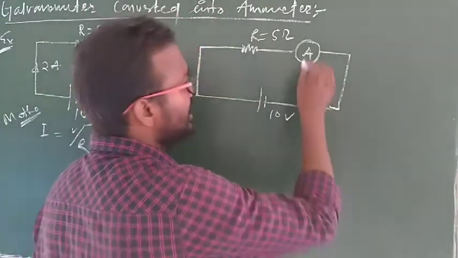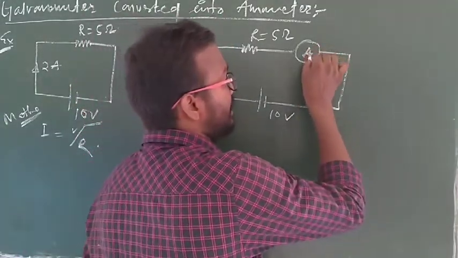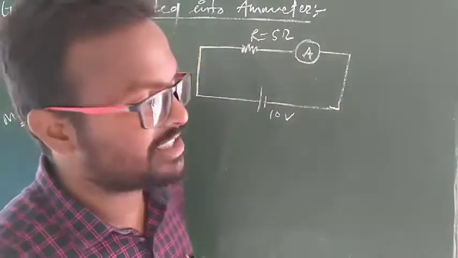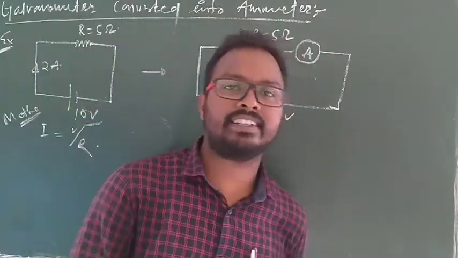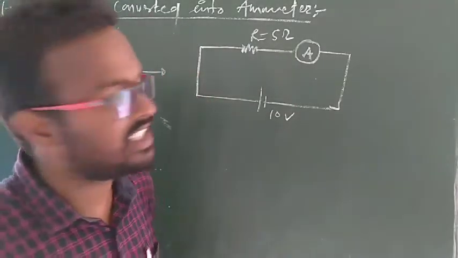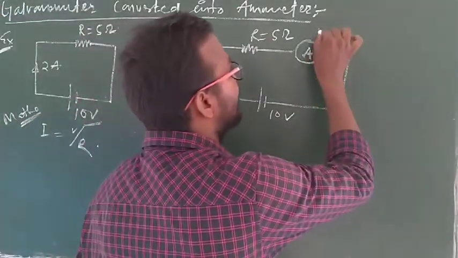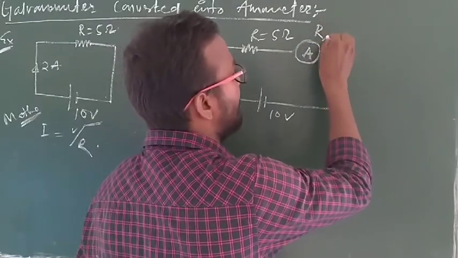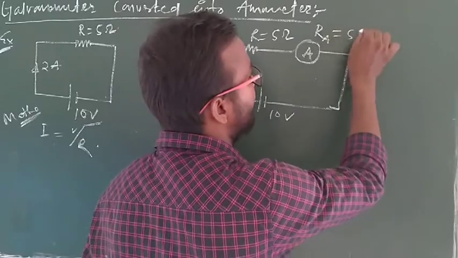So all electrical appliances and instruments have a resistance. So the ammeter also has some resistance. Suppose the resistance of the ammeter is equal to 5 ohm.